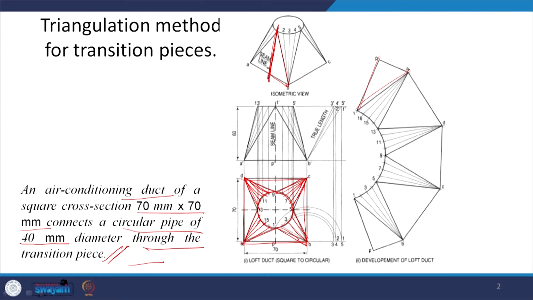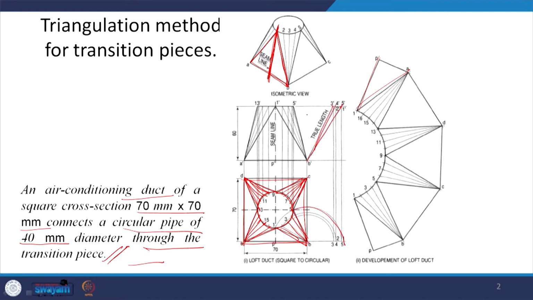Now, this is slanted, so you have to determine the true shape of this triangle. This is how they have taken the true length. What we are doing here, very simply, is taking the radial base and then projecting it above to get the true length.